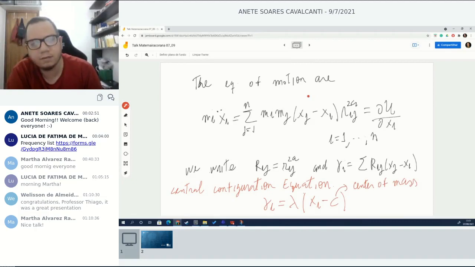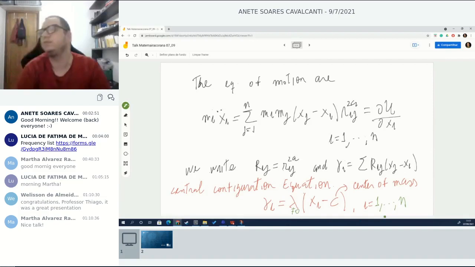This is classical, and this lambda is different from 0, and is the same for all i's.